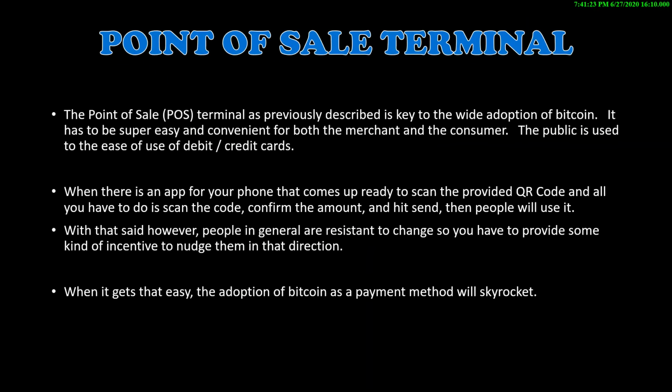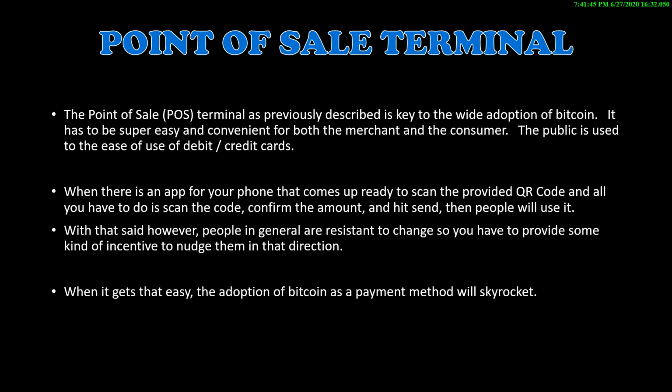The point of sale terminal, as previously described, is key to the wide adoption of Bitcoin. It has to be super easy and convenient for both the merchant and the customer. The public is used to the ease of use of debit and credit cards.